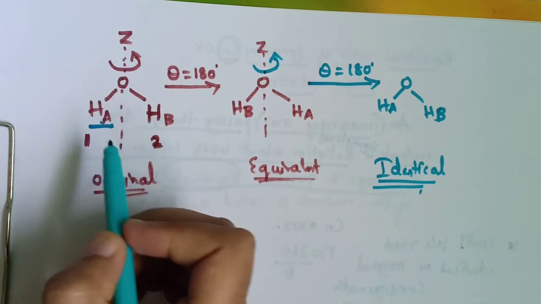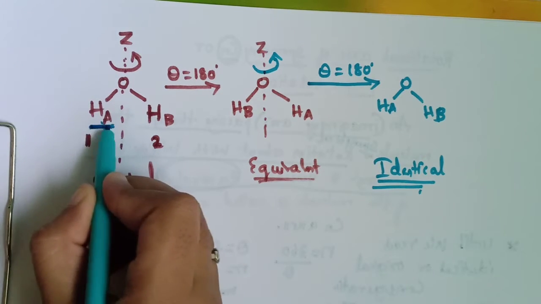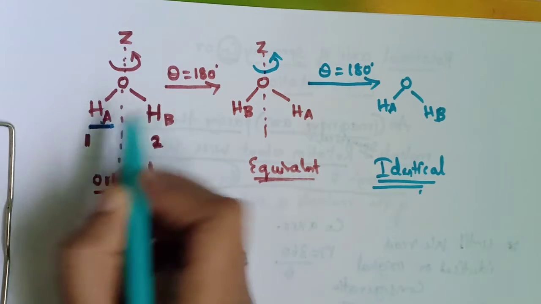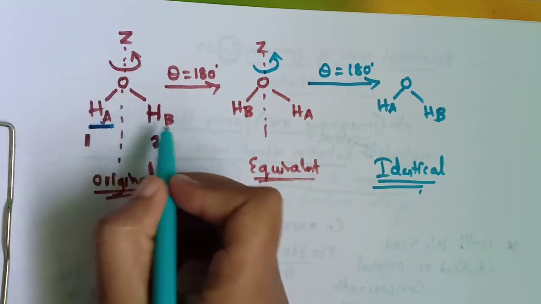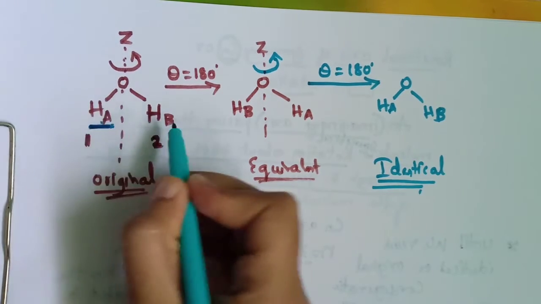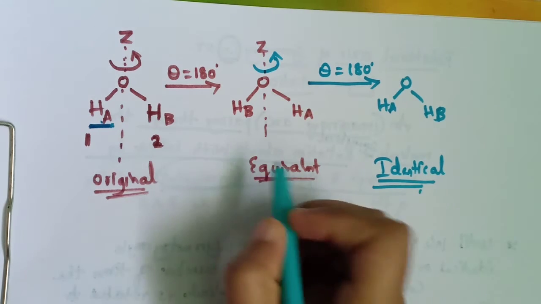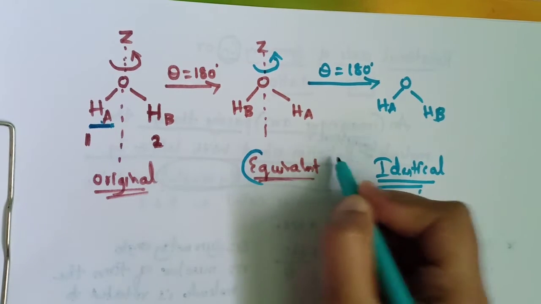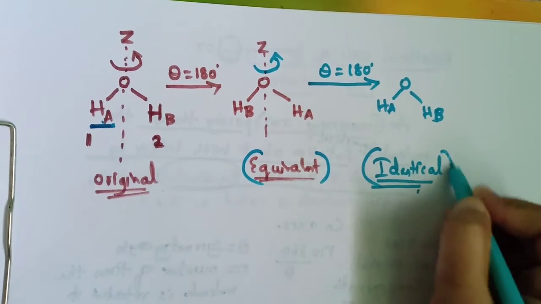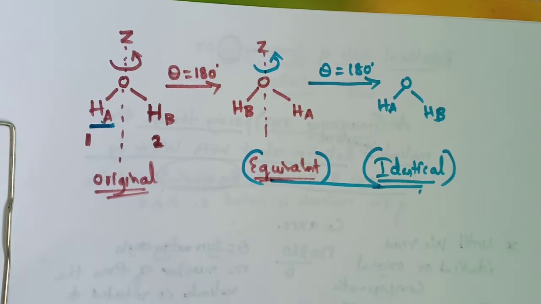If you are rotating here, we have started the rotation from here, this atom or any other atom should fill this place. These places should not be vacant. And if we stop at 90 degrees, what will happen? We will obtain a new configuration. The new configuration should not be obtained. We should obtain only equivalent or identical configurations. This is a very important point.